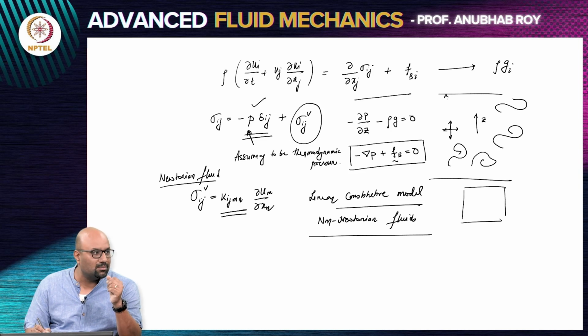You are going to have something that is non-linear. What exact form? That depends on a case to case basis, but the Newtonianness of the constitutive relation basically just says that the stress tensor is linearly proportional to your deformation gradient.